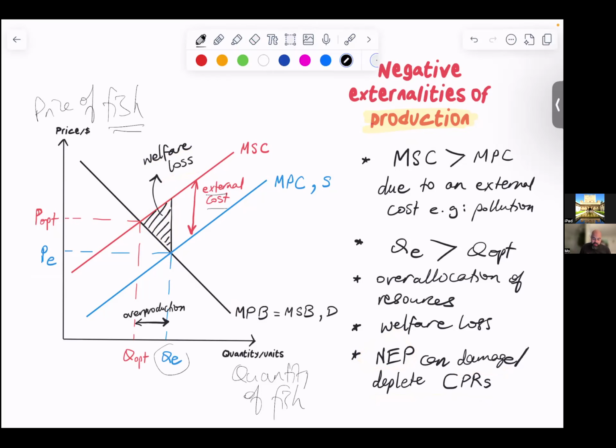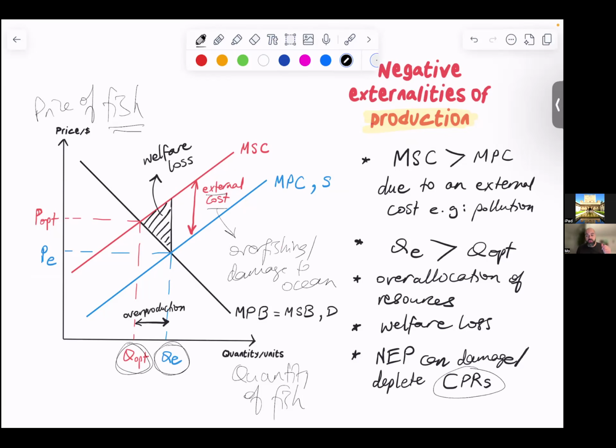The equilibrium quantity of fish is greater than the ideal quantity of fish, and the external cost here is overfishing and basically the damage to the ocean, which is a common pool resource.